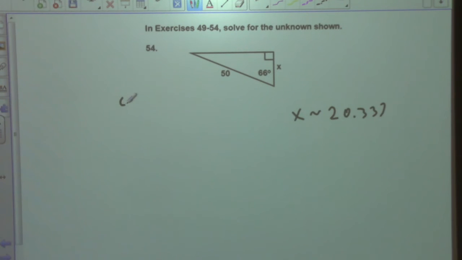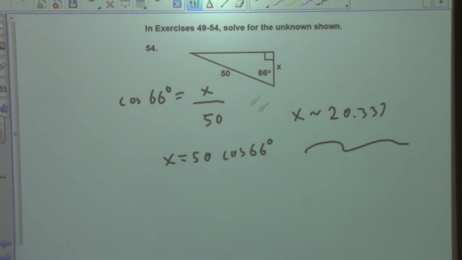Cosine 66 degrees equals x over 50. And then cross multiply, so x equals cosine 66 degrees times 50. Like that? Yeah. Okay. And see if that makes sense. Yeah, it does kind of, right? So that would be that. Okay, good job, good job.